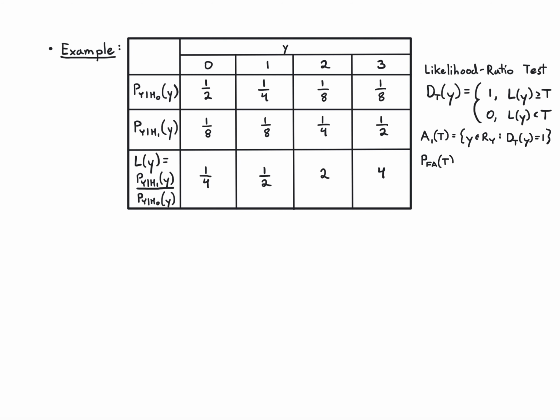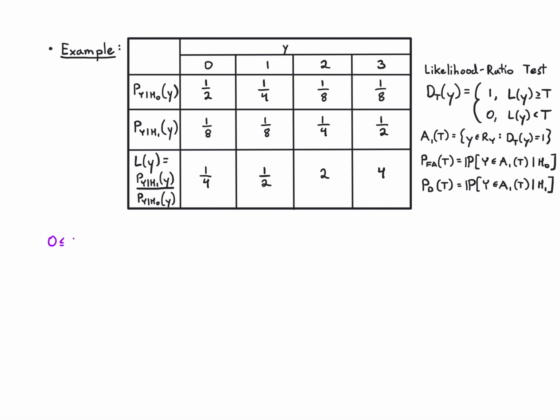The probability of false alarm is the probability of the y's where I'm deciding 1 under H0. And my probability of detection, not misdetection, but detection, is the probability of y falling into A1, given that H1 occurs.